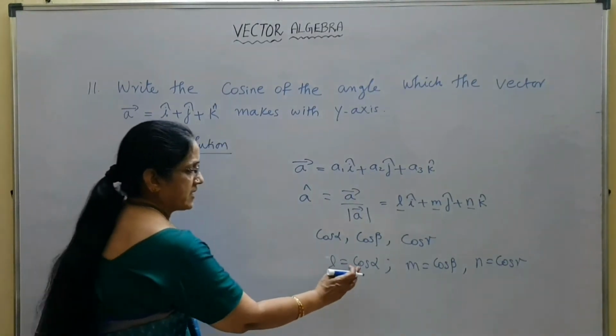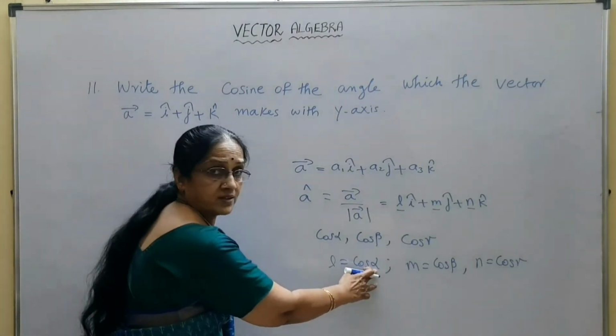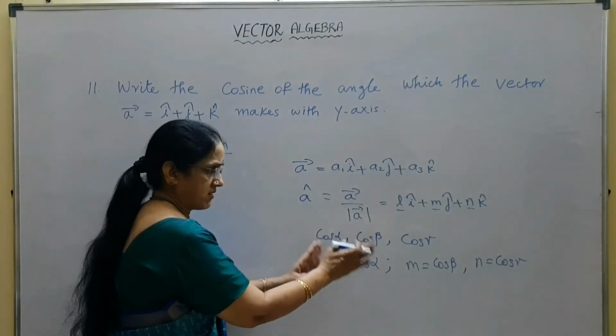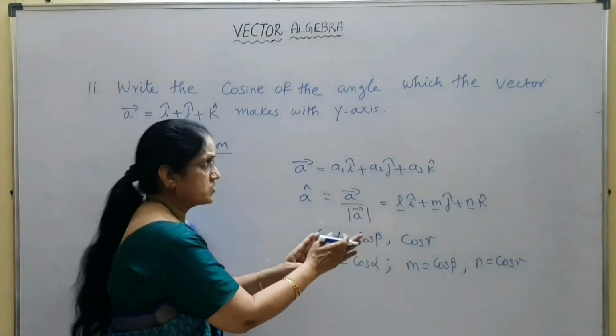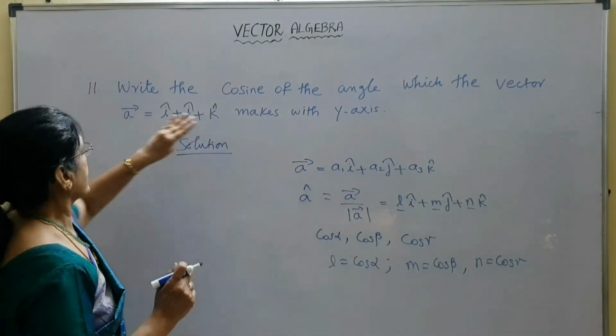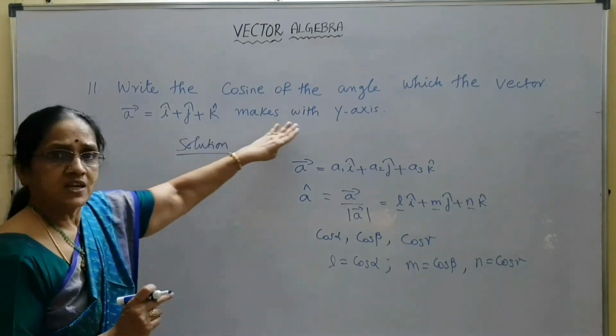So, I am getting a cosine of the angle alpha, which is nothing but L. So, this is the basic concept I am going to use in finding out the cosine of the angle which the vector A makes with y-axis.